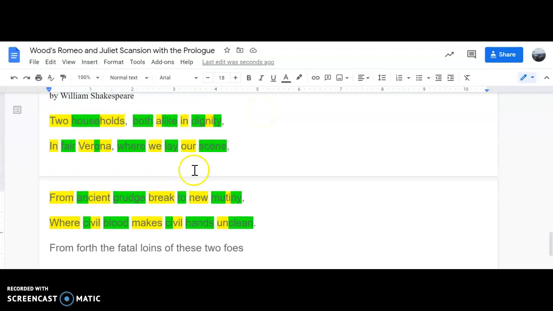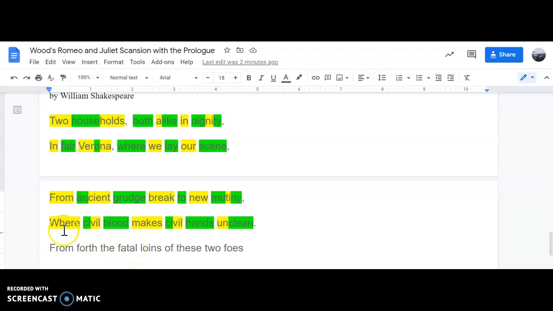Okay, let's go through one more line together. Just hearing first, from forth the fatal loins of these 2 foes. So you're going to go down, up, down, up, down, up, down, up, down. That's not right. Okay, so I went through that a little bit wrong. I forgot that fatal had 2 syllables, so I apologize.